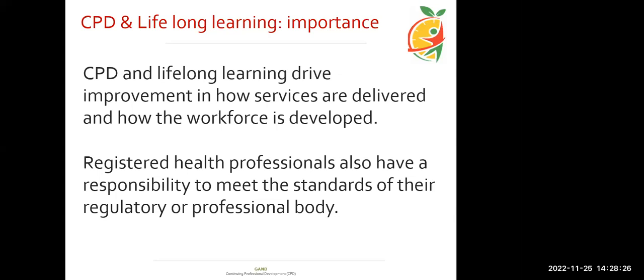So the point I'm driving at is that CPD is what helps us to develop our skill sets, to improve on them and our knowledge base, and to also deliver effective services for our clients.